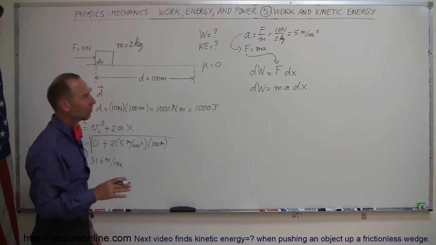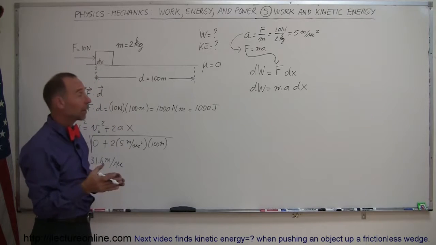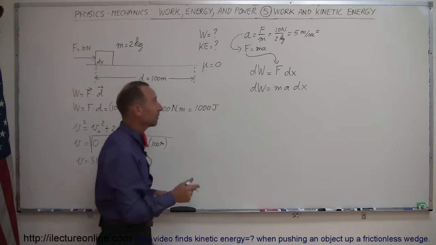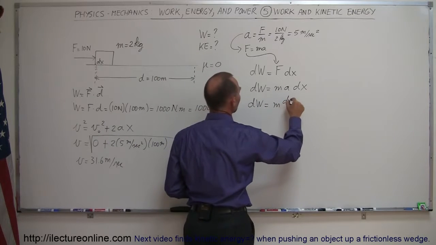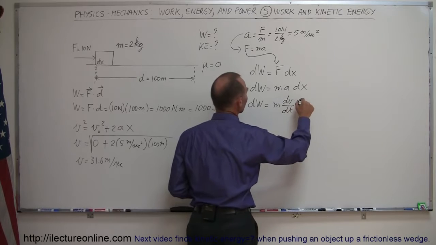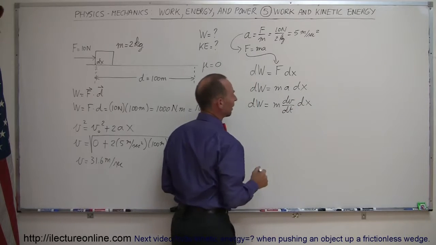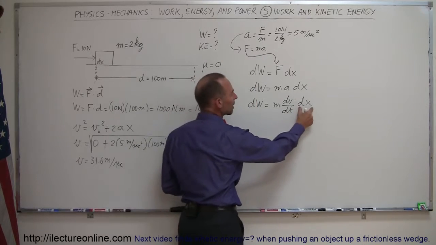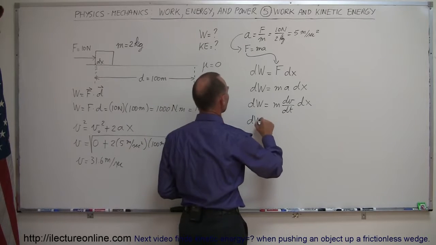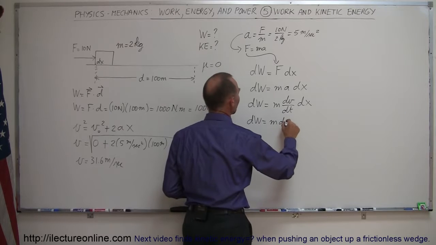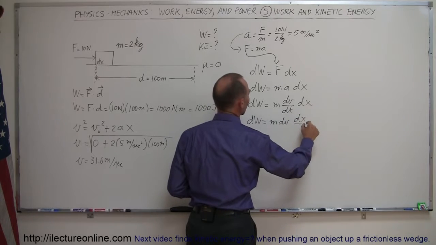And then if we replace acceleration a by what it is equal to in terms of velocity and time, we can say that dw is equal to the mass times dv/dt, that's the definition of acceleration, times dx. Then if we move the dt over here, just to make it more visible, we can write dw is equal to mass times dv times dx/dt.